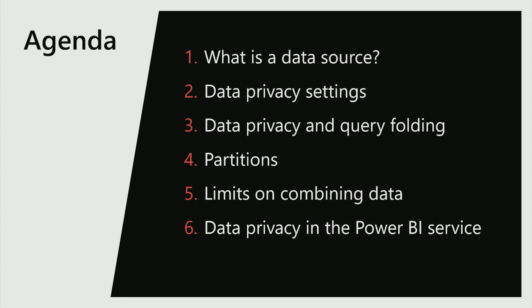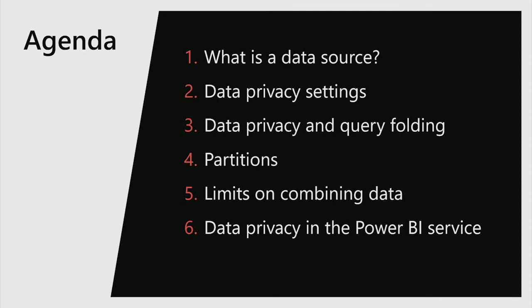We will talk about data privacy and query folding and how the two subjects meet. We will talk about partitioning of query steps, which is going to be an interesting subject. We'll talk about more types of errors that you might encounter and how to get around them. And then we'll talk about how data privacy settings are treated in the Power BI service, not just in datasets, but also a little bit in custom connectors and in dataflows as well.